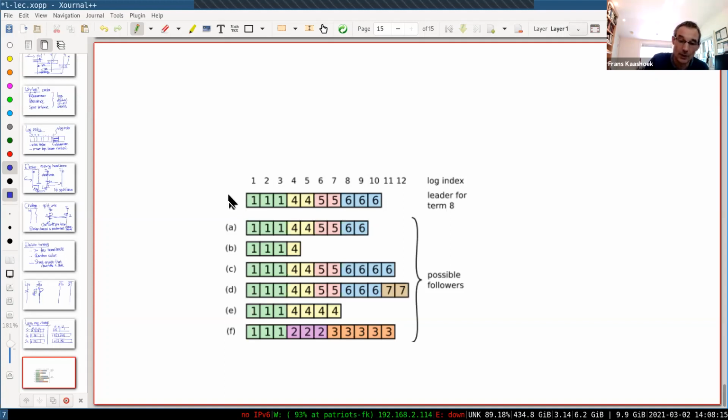And in the homework, we asked the question, what happens if this leader just goes away? And what are the possible outcomes? For every log index, the question is, which one gets rejected?